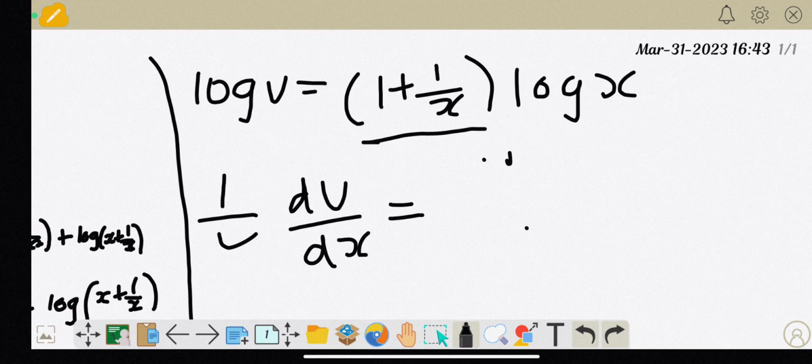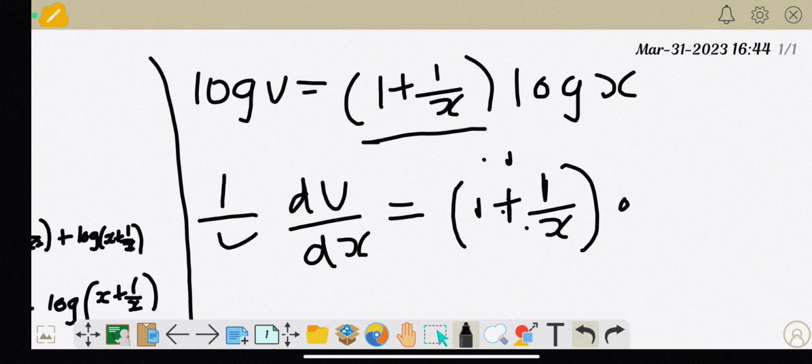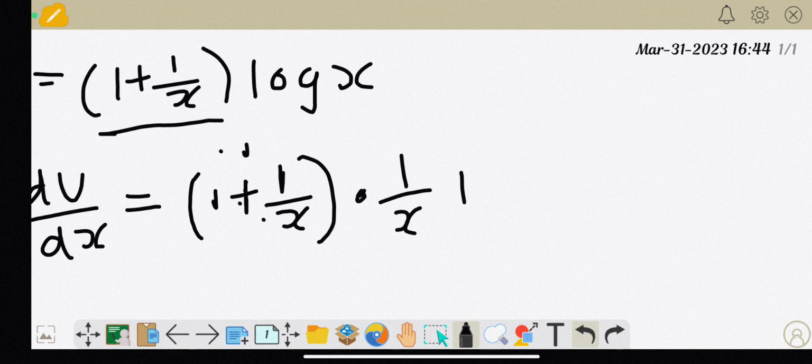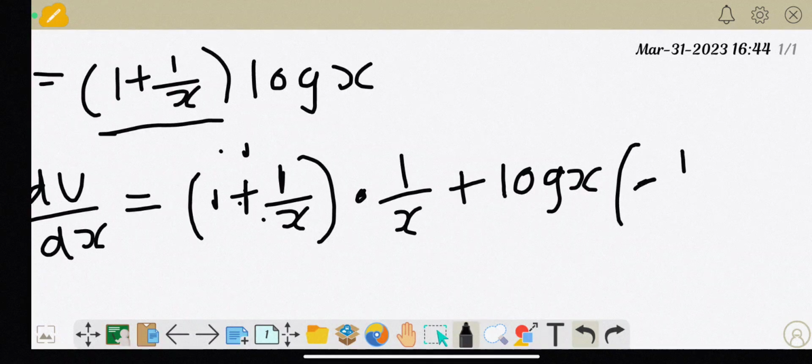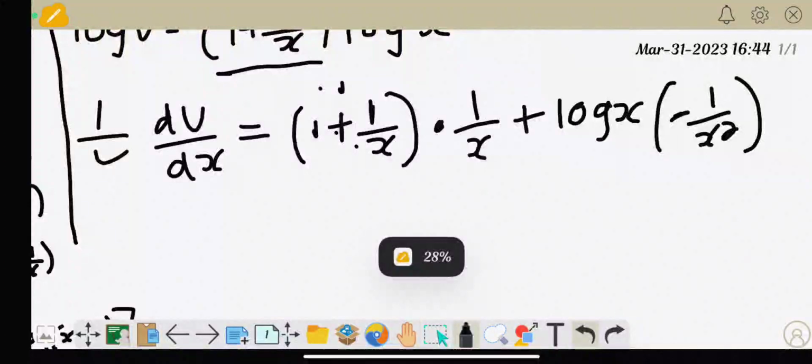Which is the first function? Here 1 plus 1 by x. First into differentiation of second, it is 1 by x, plus second function log x into differentiation of the first function. Differentiation of 1 is 0 and differentiation of 1 by x is minus 1 by x square, correct? So now let's just simplify it.